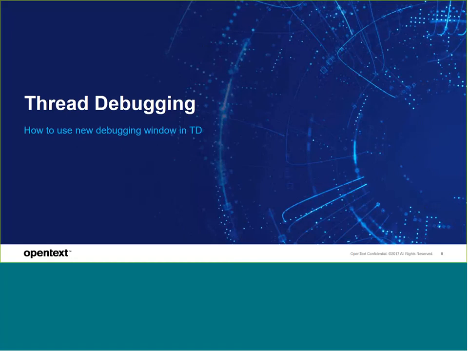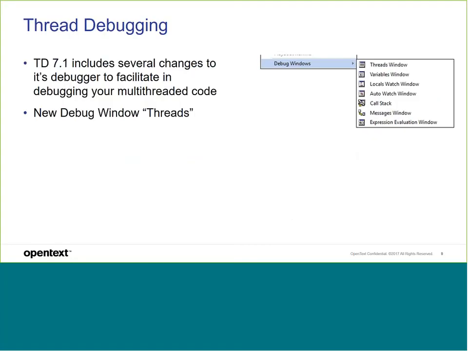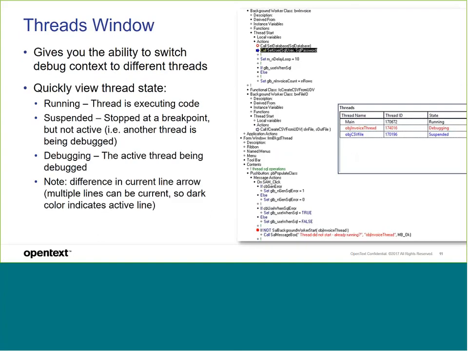You can also do thread debugging with TD 7.1. The Debug Windows menu has a new menu item called Threads Window, this one here. If you open that, you get a new debug window, Threads. This is basically how debugging looks for threads.